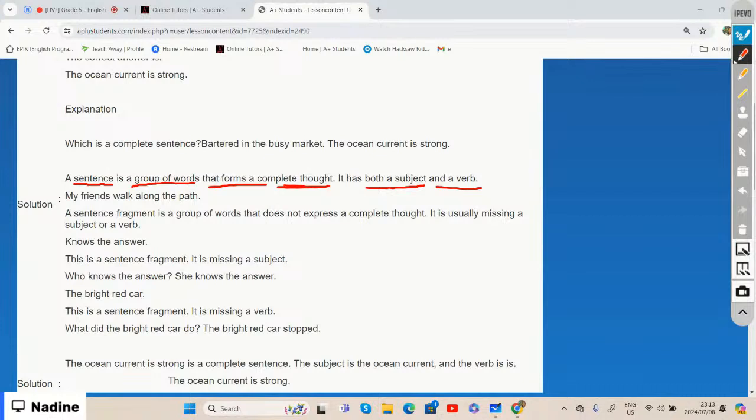And remember, I said that a subject is a person, can be an animal, can be a thing that is doing the action, right? And then we have our verb, right? And the verb is the action that the person, animal, or thing is doing, right?